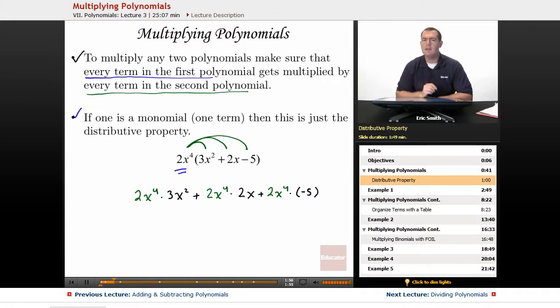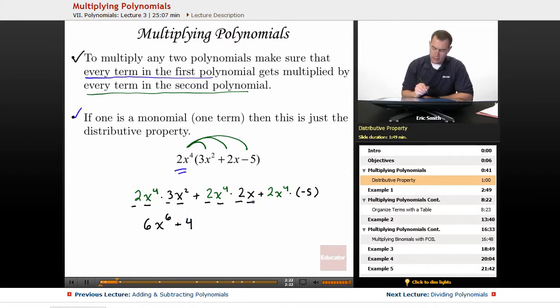Alright, now each of these needs to be simplified, but it's not so bad. We can take the 2 and the 3 and multiply them together, get a 6. And then we'll use our product rule to take care of the x to the fourth and x squared by adding their exponents together. So x to the sixth. And we simply run down to all of the terms doing this one by one. So 2 times 2 gives us a 4.